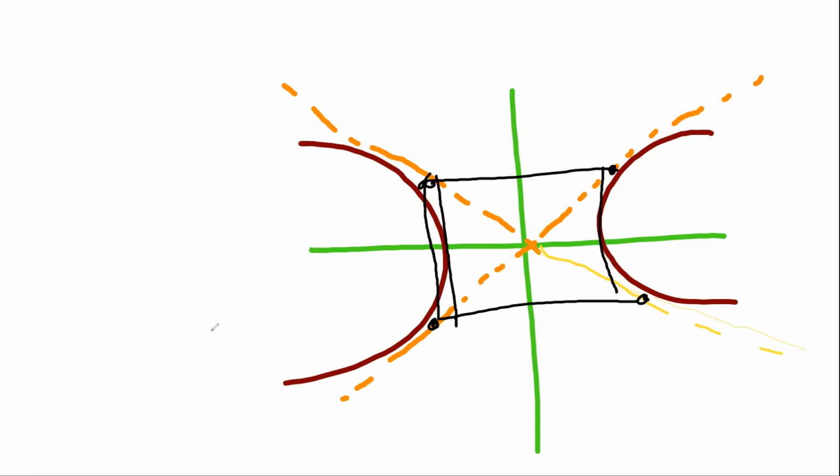From the center to this point, we have an a, and from the center to this point, we have an a. From the center to here, we have a b, and here also a b. So to know where b is, you have to draw a rectangle. Is it clear now? Yes, teacher, thank you.